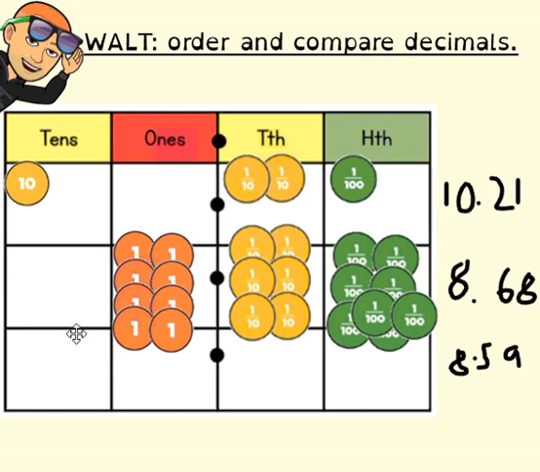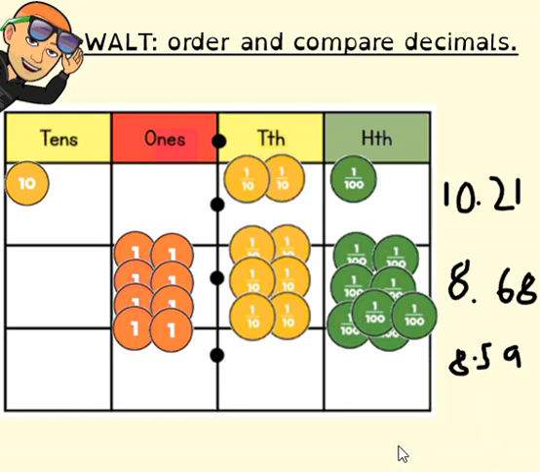Yes, I have many more counters, but these do not hold a greater value than anything that would go in this column here. The further to the left I'm going on my place value grid, the higher the value of the column.